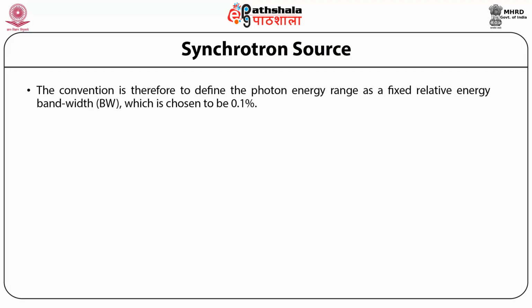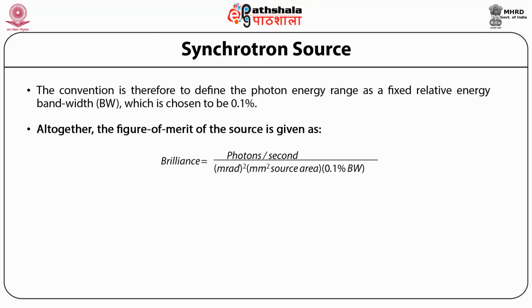The convention is therefore to define the photon energy range as a fixed relative energy bandwidth, which is chosen to be 0.1%. Altogether, the figure of merit of the source is given as brilliance, which is equal to photons per second divided by milliradian square, millimeter square source area, multiplied by 0.1% bandwidth.